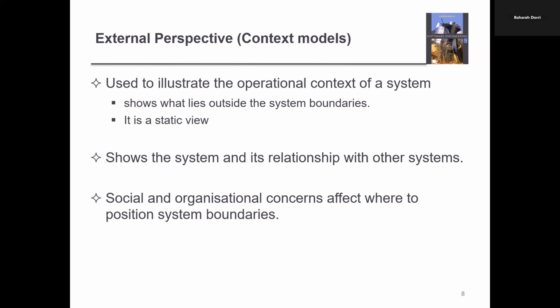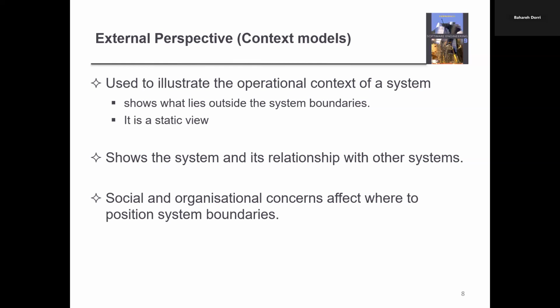These diagrams are useful because they show the system's relationship with other systems, whether that's a payment processor, a database, or even a manual process handled by a human. It gives stakeholders a shared understanding of what's inside and what's outside the system we are developing.